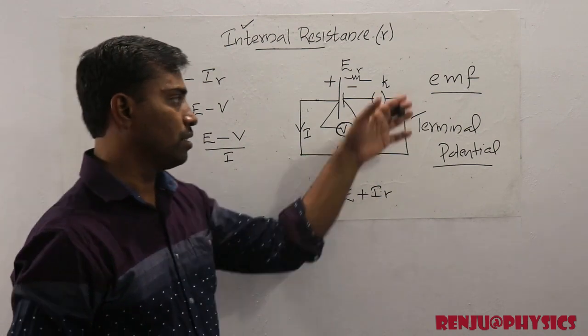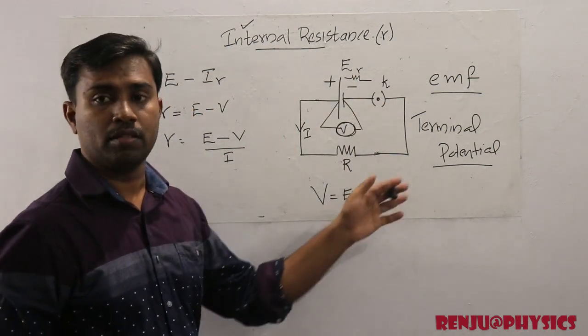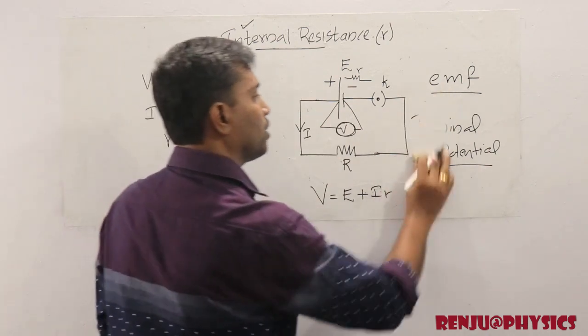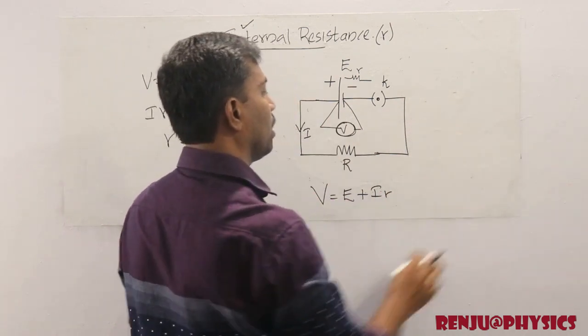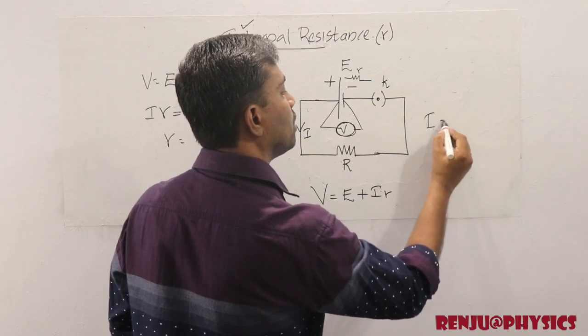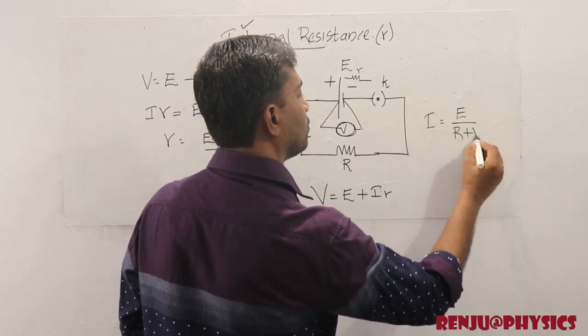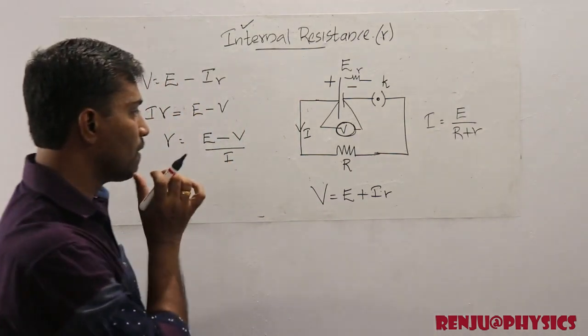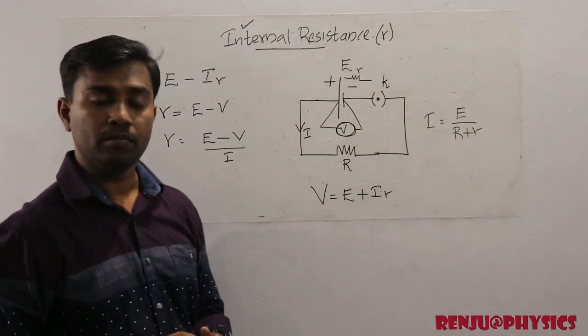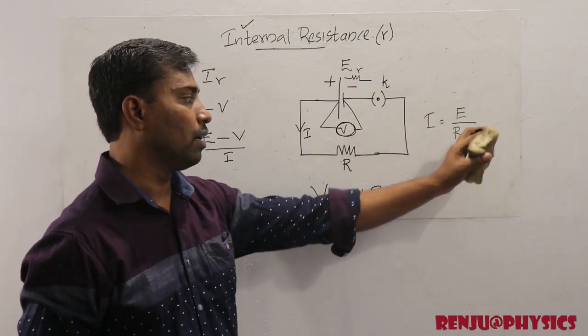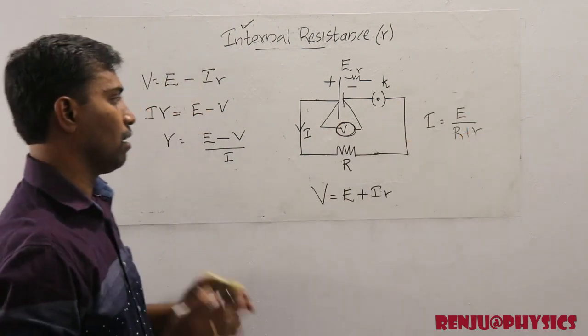So when we are considering this circuit, because this is a series combination, we can write the current in the circuit is given by I is equal to E divided by R plus r. Okay, current in the circuit is given by E divided by R plus r.